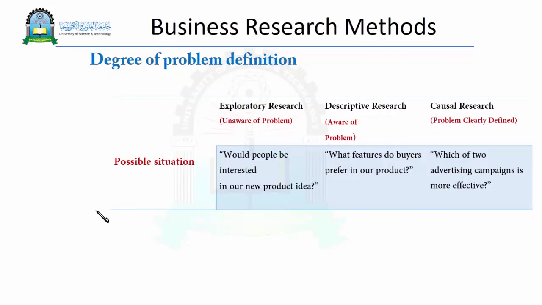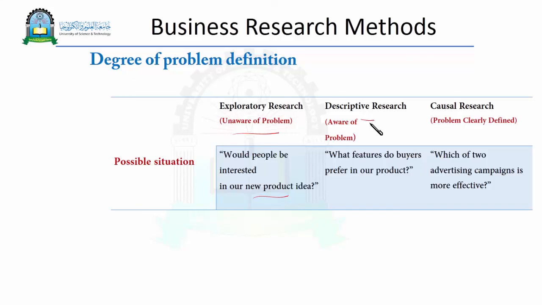This is an example for exploratory research, descriptive and causal. The possible situation: will people be interested in our new product or not? Here the researcher is unaware of the problem, so he's just asking whether they are interested or not.